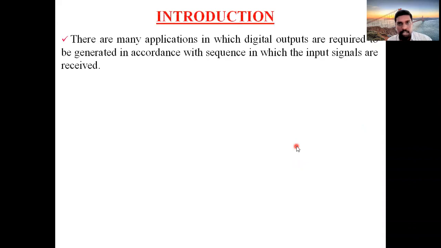In digital circuits, there are many applications in which the previous outputs are taken into consideration. So what is the previous output? For example, if I take a general expression, f of x equal to 2x plus f of x minus 1, then for all the values of x, how will this equation become?